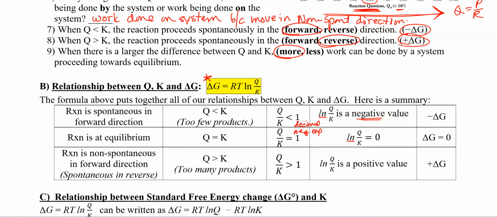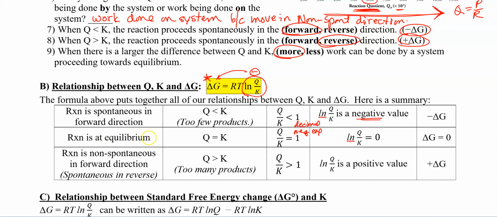And so because of that, when you plug in and get your ln of Q over K, if that comes out negative, you're going to end up with a negative delta G. So when we see that we have a negative delta G, we know that Q is less than K, and we would be spontaneous in that forward direction.